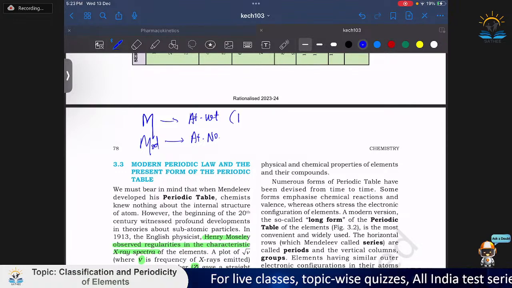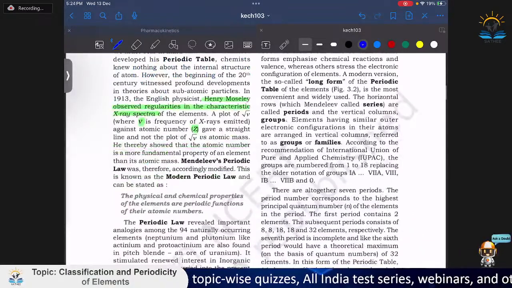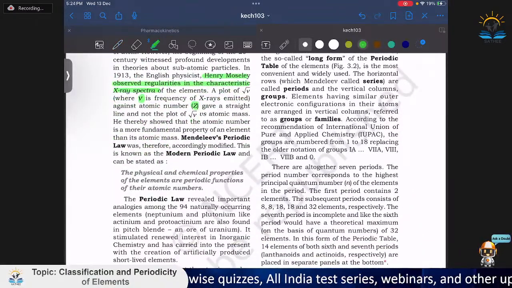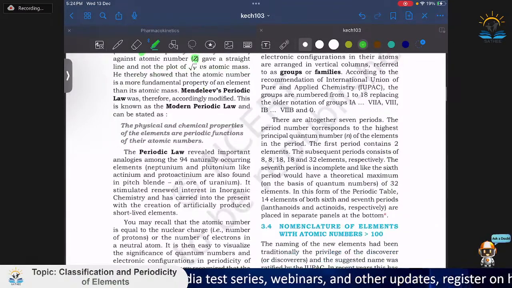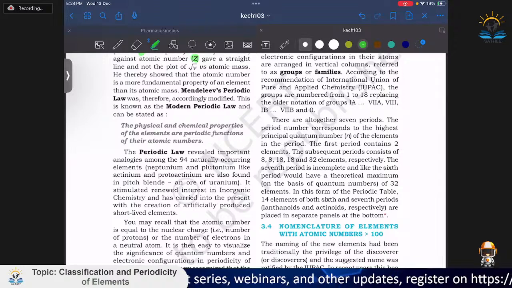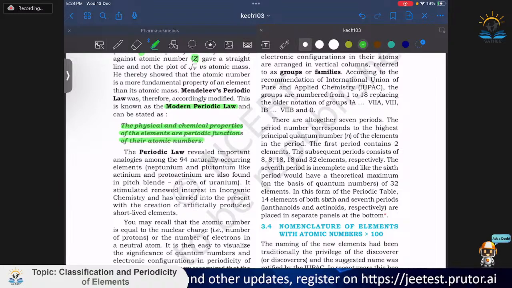Atomic weight means protons plus neutrons, but atomic number means only protons. Mendeleev's law was modified, giving us the modern periodic law: the physical and chemical properties of elements are periodic functions of their atomic numbers. This was adopted as the periodic law.